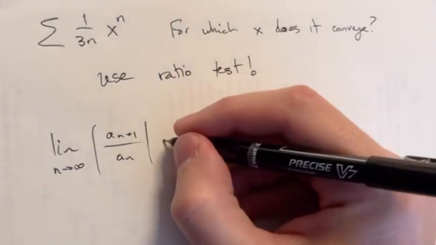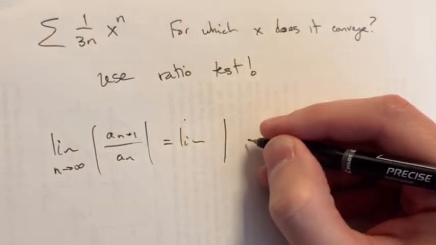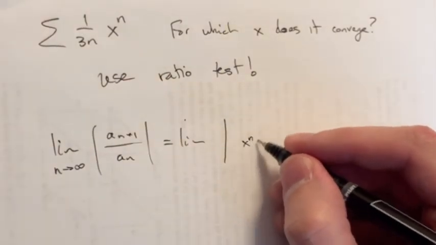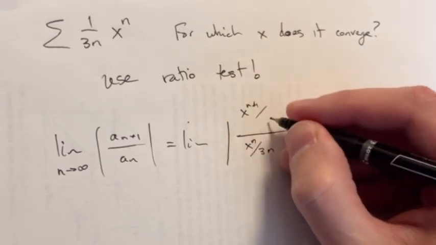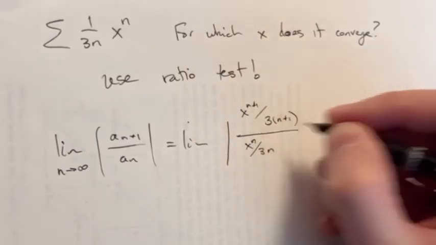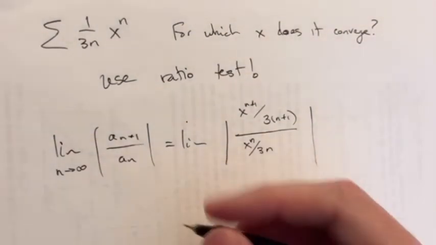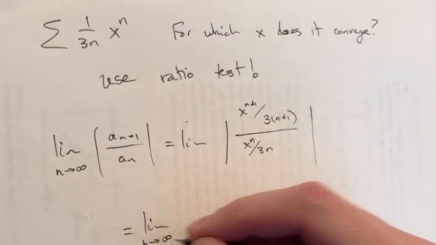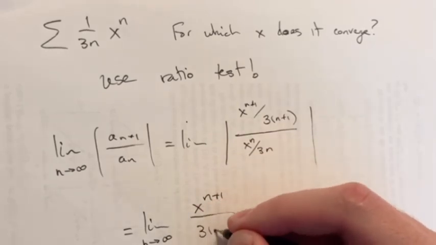So on the bottom, this is still a_n, I can just write as a fraction, x^n over 3n. So this is x to the n over 3n. And on the top, I have x to the n plus 1 over 3 times n plus 1, right? This is the ratio. I will try to simplify the fraction. So I get x to the n plus 1 over 3 times n plus 1.